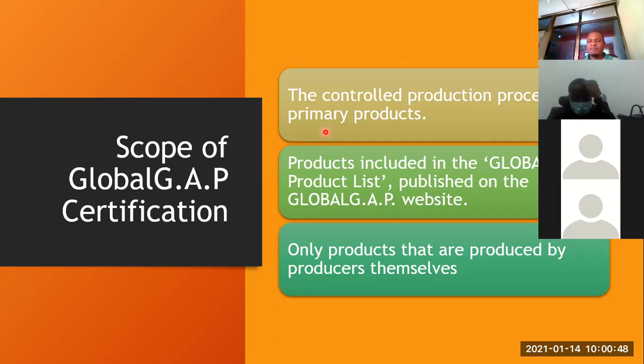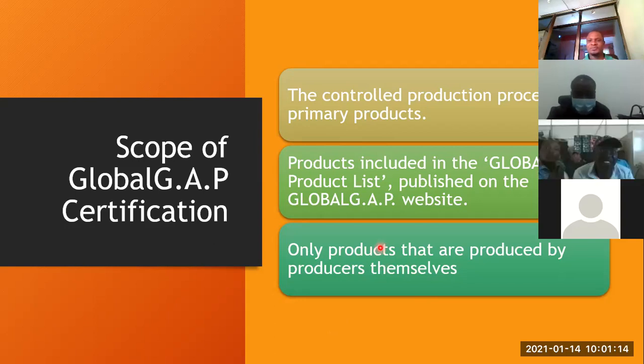GlobalGAP covers only production that is under control, which can be planned and which is managed and supervised. So any other production which is not under control is not covered by GlobalGAP. Okay. I can see, Praise, do you have any question? No, let's go ahead, please.